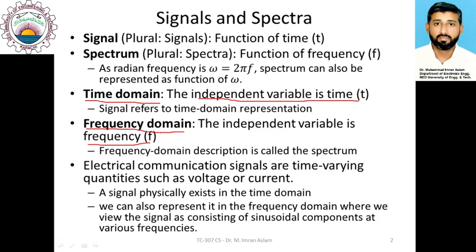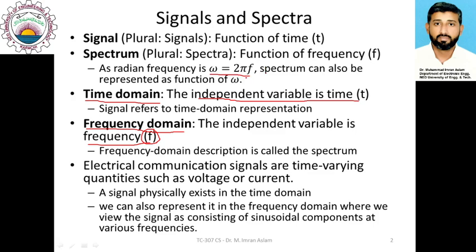In our textbook, the Bruce Carlson book, generally the frequency domain description is represented in terms of cyclic frequency f. However, sometimes we can represent the spectrum as a function of omega, and these two are equivalent views because omega and f have a very simple relationship: omega equals 2 pi f.